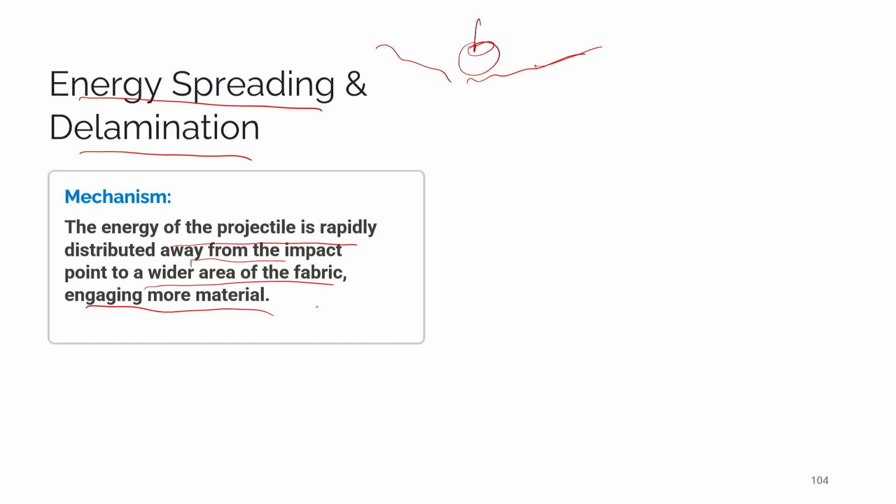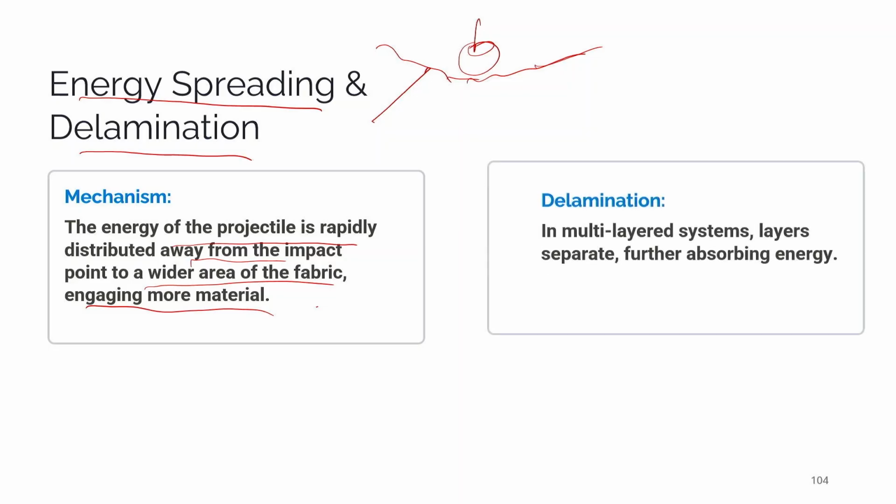So, catastrophic breakage of the structure will not take place, unlike the hard metal. Then delamination: in a multi-layered system, layers separate and further absorb the energy, that we have already discussed.